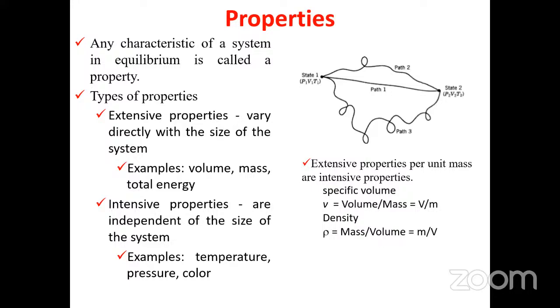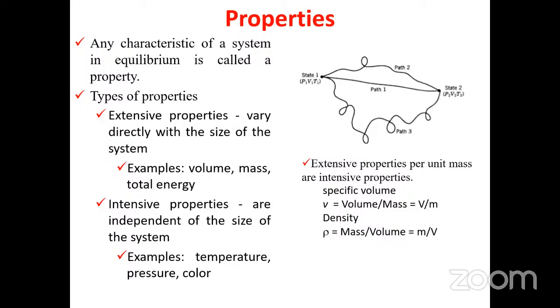But intensive properties are those that are independent of the size of the system. For instance, temperature. The temperature doesn't depend on the size of a system. A small piece of matter can be hotter than a bigger one.